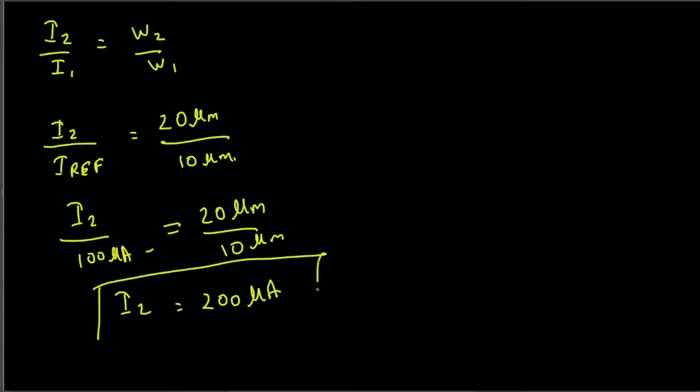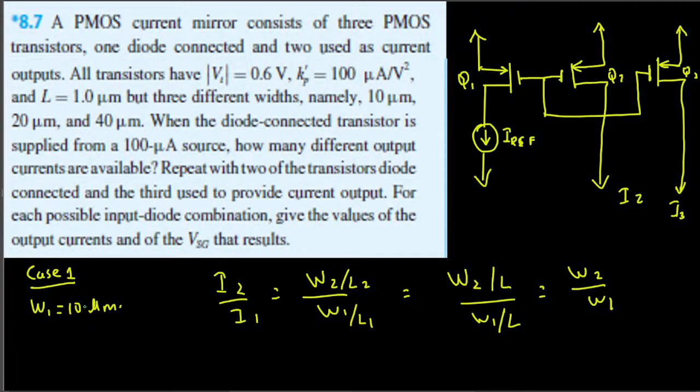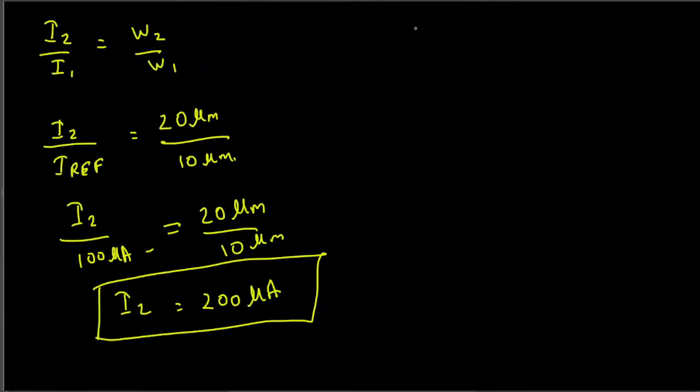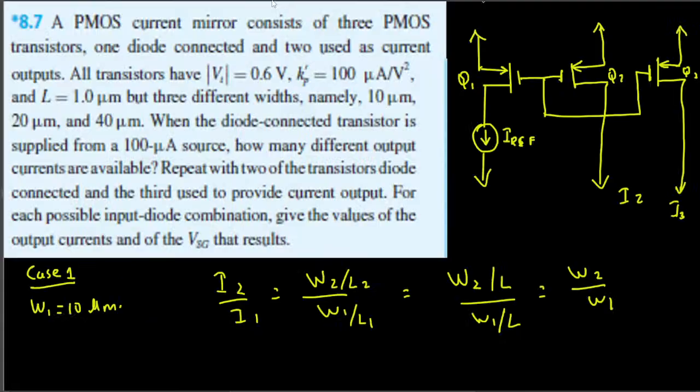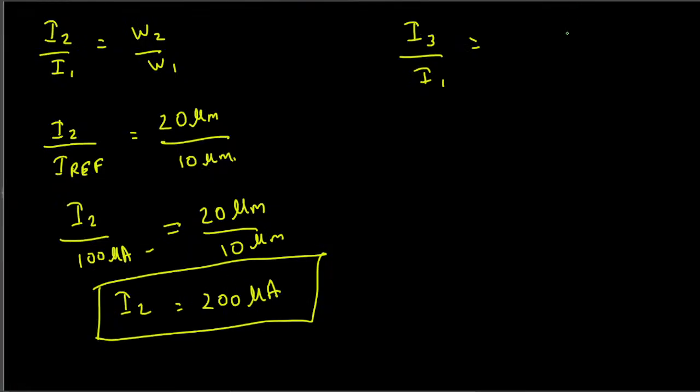So we form the current to be 200 microampere when the first width is 10, and now we can find the third one by forming the exact same relationship. Now we can say I3 over I1 is equal to W3 over L3 over W1 over L1, but the lengths are equal, so finally you end up having just the widths.